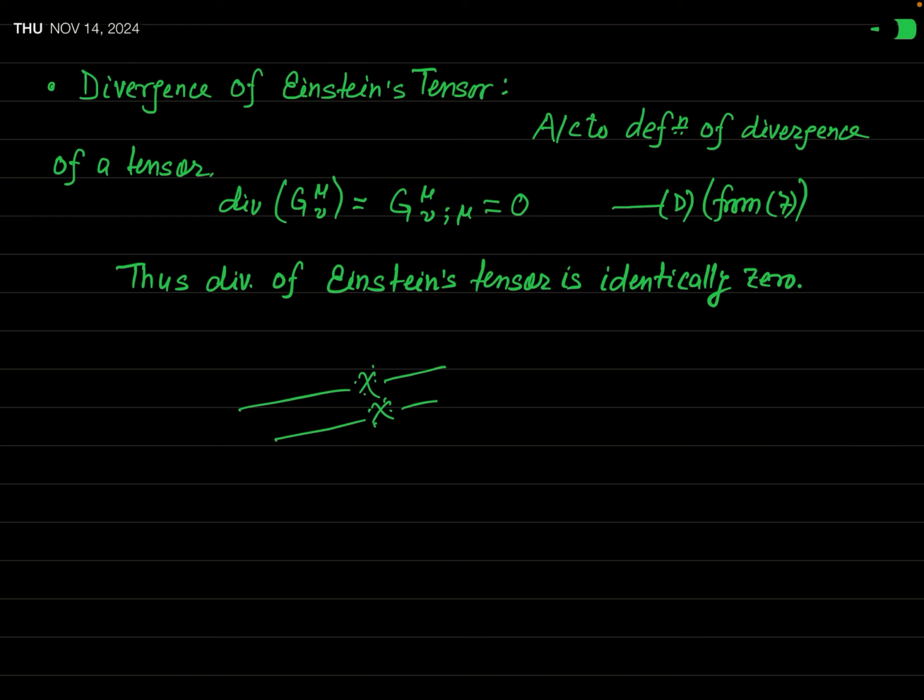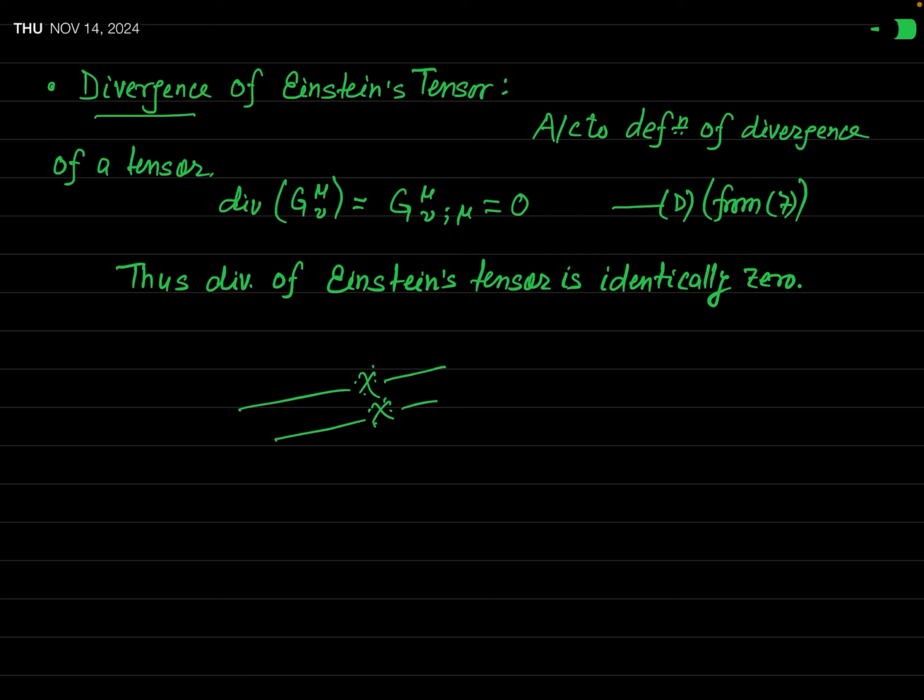Now a very important property of the Einstein tensor is that the divergence of the Einstein tensor is 0, and this fact we have already seen earlier. If you want to find the divergence of a tensor, then how can it be obtained?